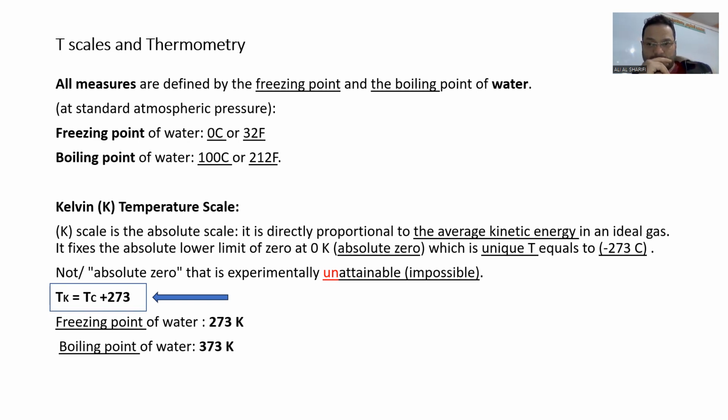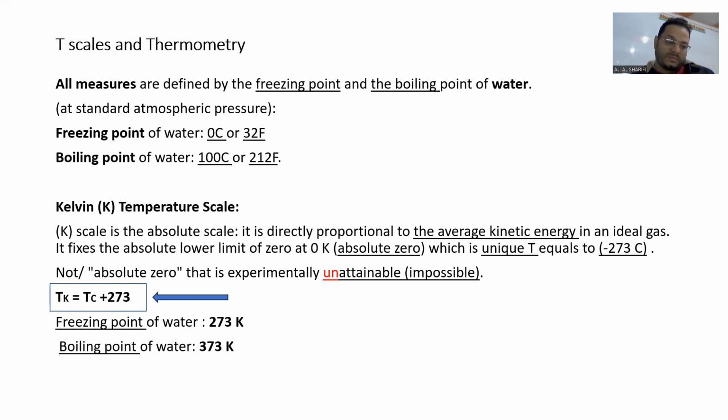Here, the temperature in Kelvin equals the temperature in Celsius plus 273. What does that mean? The boiling point is 100 Celsius. By that, in Kelvin it will be 373. At the freezing point of water, it's 0 Celsius.